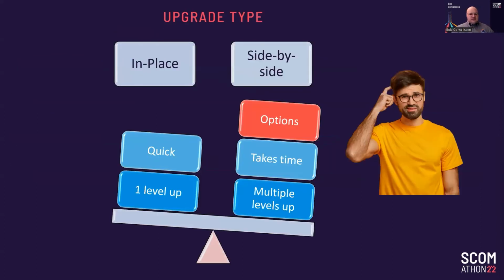Now, when we look at these SCOM upgrades, we need to weigh the main options that we have for upgrades again. Are we doing an in-place upgrade or a side-by-side migration? The in-place option is relatively quick, but it is only made to go one version of SCOM upwards. If you want to in-place upgrade multiple versions up, there are several more things to take into account.